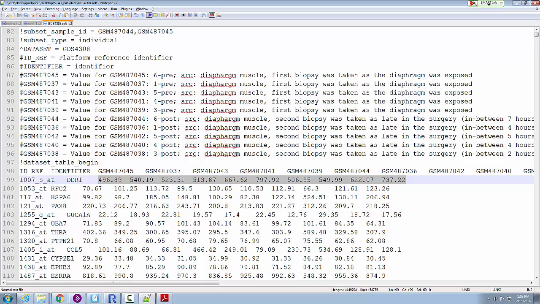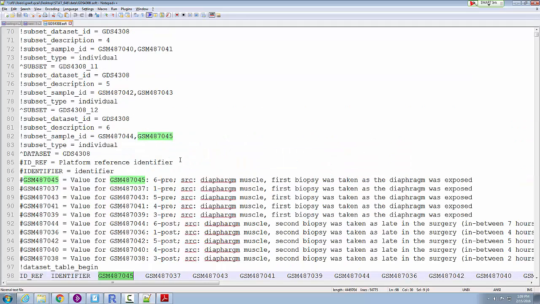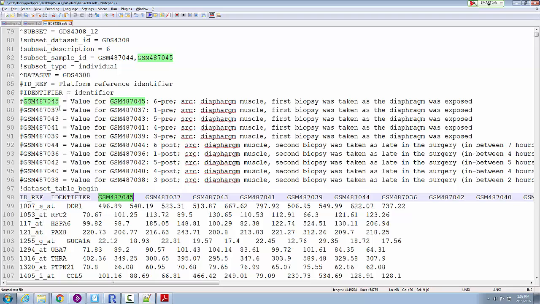So in the different columns, like the first column of numbers is called GSM 487045. If you look in the metadata, all this gobbledygook up at the front, there are rows that correspond to column names, like GSM 487045 is described this way. 6 pre, SRC or source.